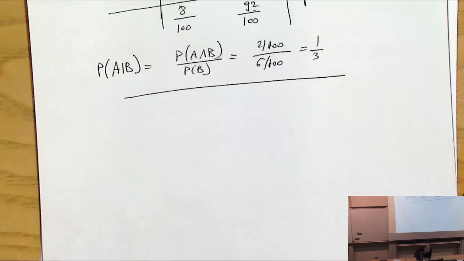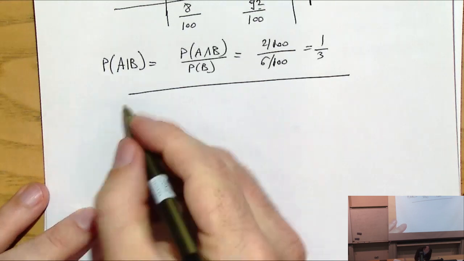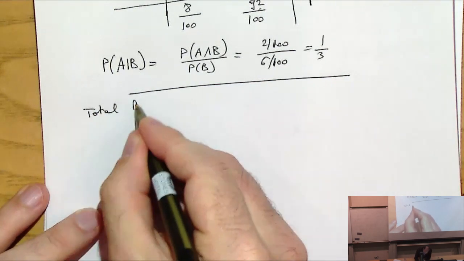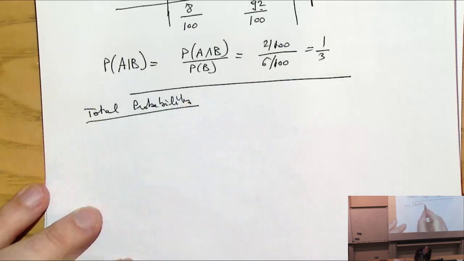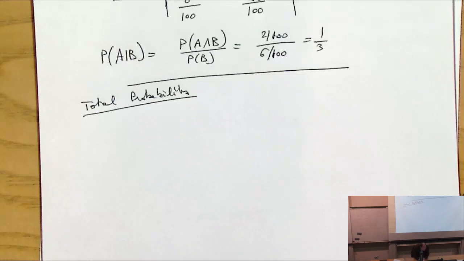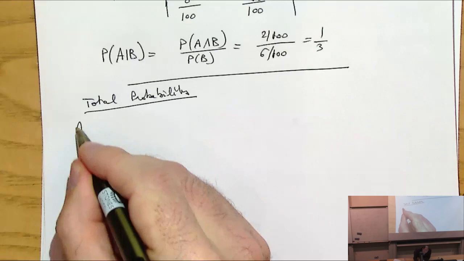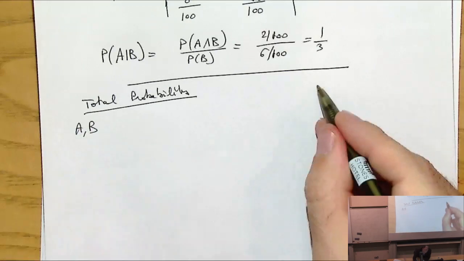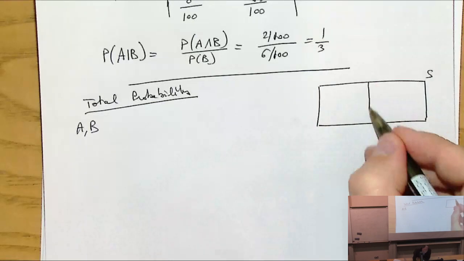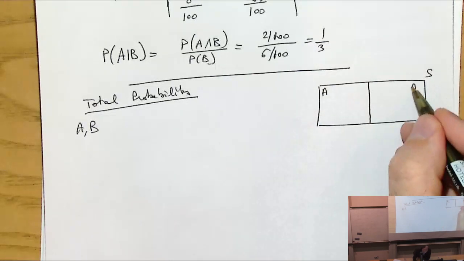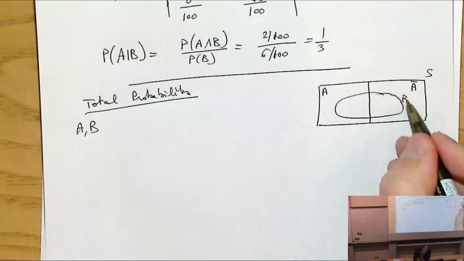Okay, let's move on one step further, and let's look at the law of total probability. And let's start with first 2 events. I have events A and B. And so what I can write, I have my sample space, I have event A, I have not A, and then I have a certain event B. Right?